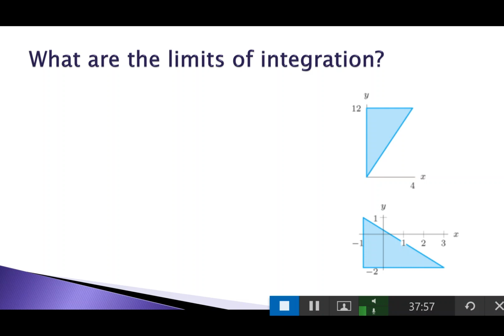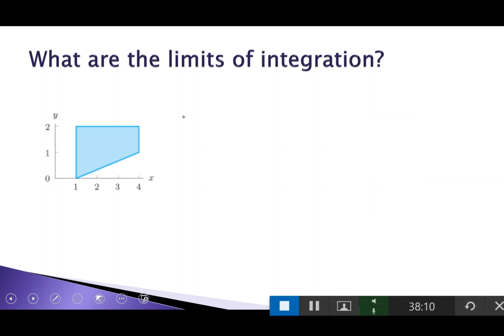So let's just set up the first one, and again, we'll do the second one in class if we need to. Okay, so there are two ways. I can either do dx first or dy first. So I'm going to do them both.